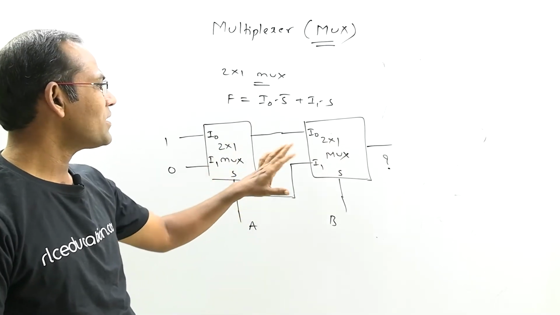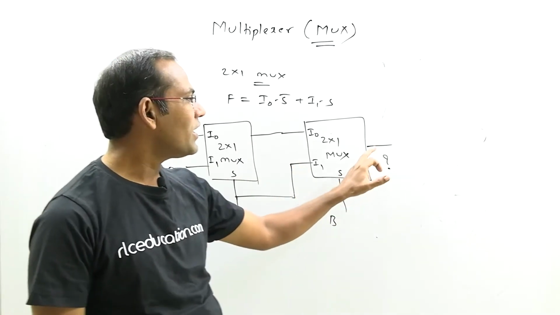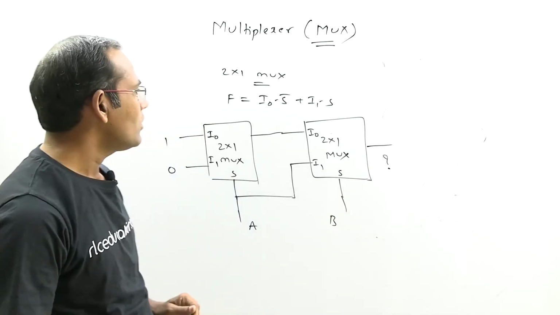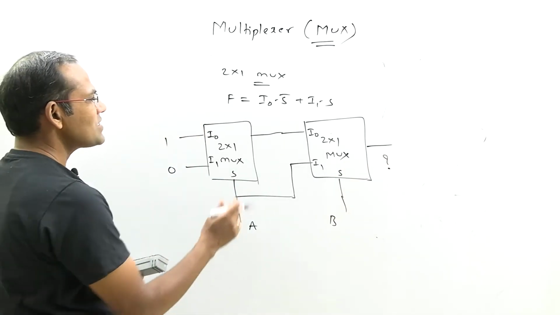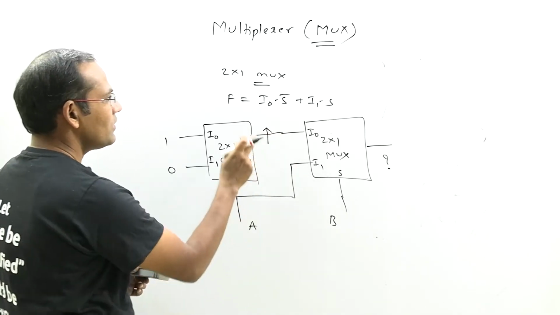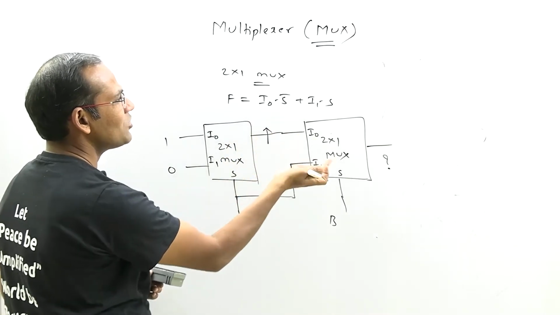Here two 2x1 multiplexers are there and they are connected like this. Now we have to identify the expression at this point. First I will identify the expression here. This is the expression for a 2x1 multiplexer, I0 into S bar plus I1 into S.